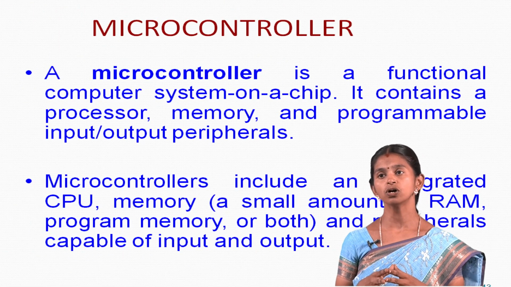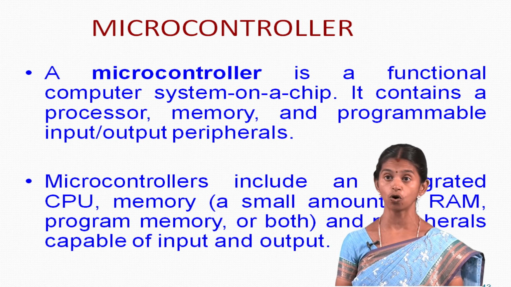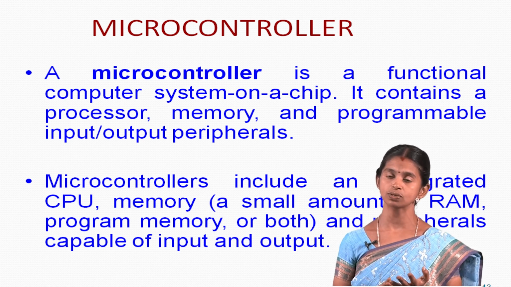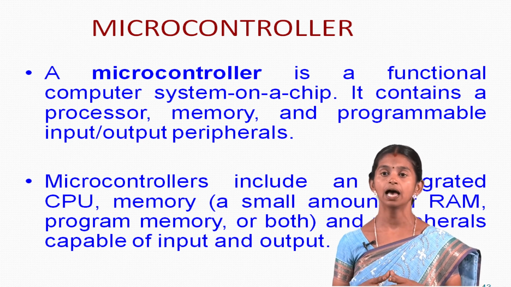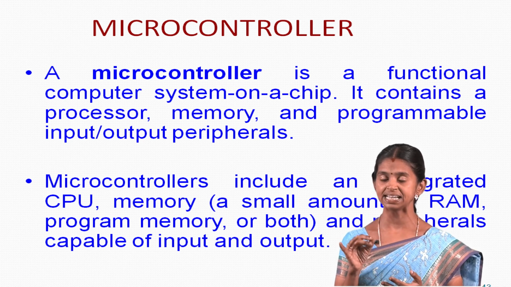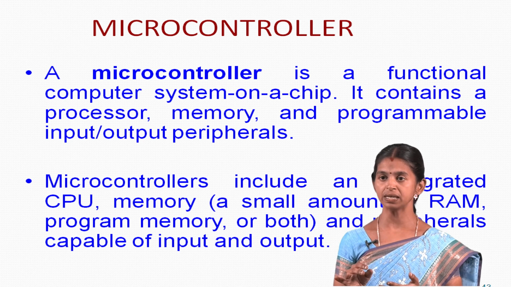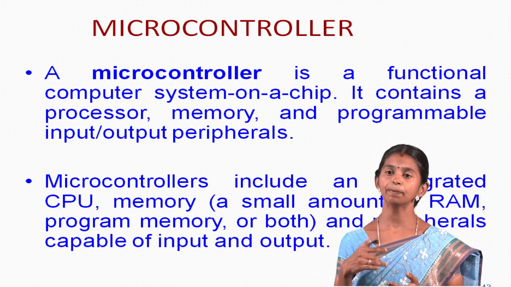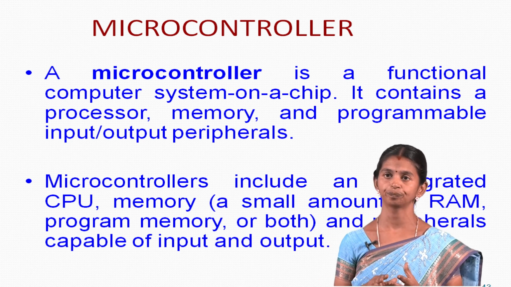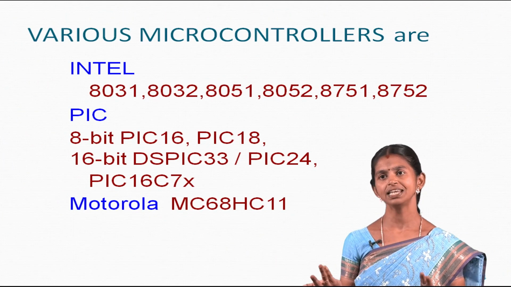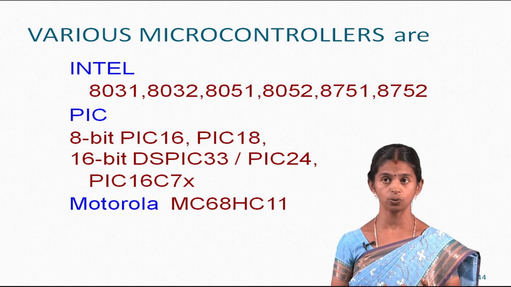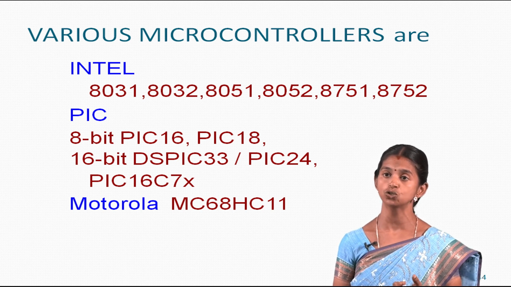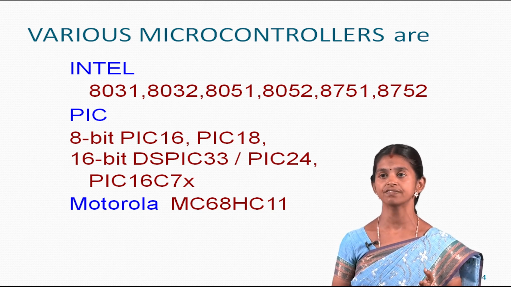Microcontroller. A microcontroller is a functional computer system on a chip. It contains a processor, memory and programmable input-output peripherals. Microcontrollers include an integrated CPU, memory and peripherals capable of input and output. The various microcontrollers are Intel 8031, 8032, 8051, 8052, 8751, 8752.